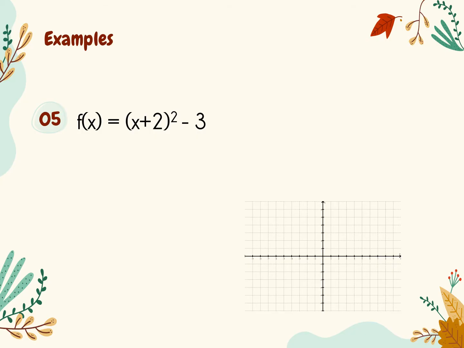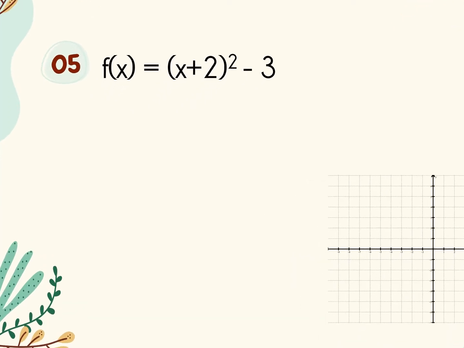For the first example, it's already in the standard form. So I'm going to pull out my vertex first. So remember, your H is here, your K is here. So my vertex, the H comes out as backwards of what you think. So it's negative 2, but the K is the sign that's there.